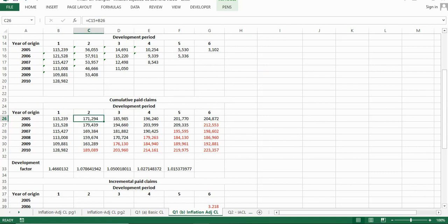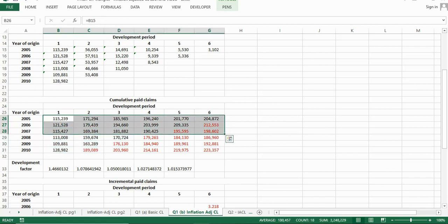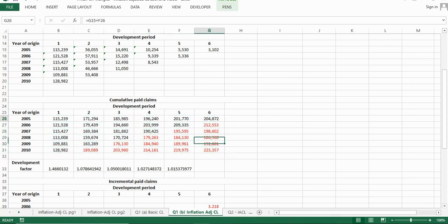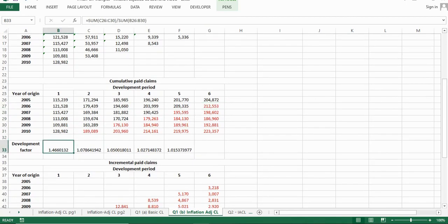So you use the same method as before. Okay, here it is. So the upper triangle here, the figures in black are figures which have been inflation adjusted to the year 2010. Okay, now to obtain these values in red, we use the development factors as previously.